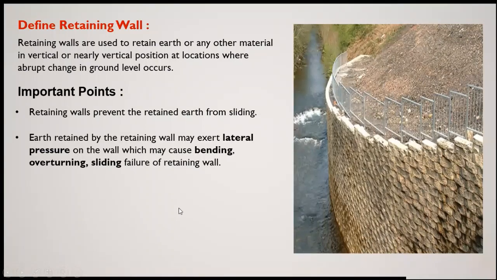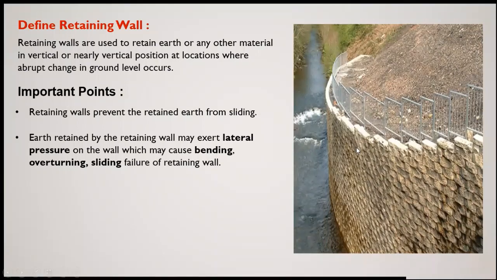Now, earth retained by a retaining wall. What will happen to the retaining wall when it retains the material behind it? That earth or retained material will exert lateral pressure on the wall. So this material will be applying pressure on the wall and try to destabilize it, which may cause bending. Now, what can happen due to the forces applied by the retained mass?